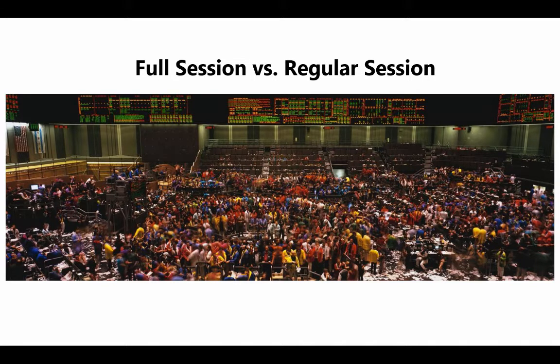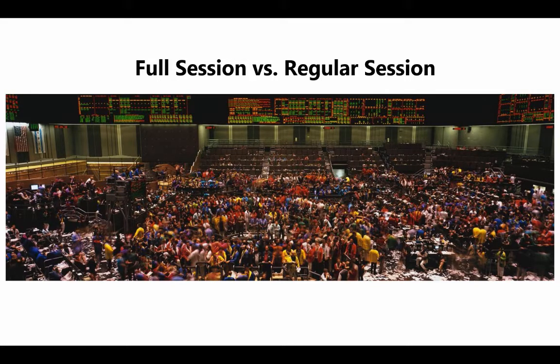The regular session, of course, starts at the regular open, ending at the regular close, whereas the full session also takes the evening and the overnight sessions into account. So you can ask yourself, well, for the S&P, for example, is it important to know where that traded during the Asian and European sessions?